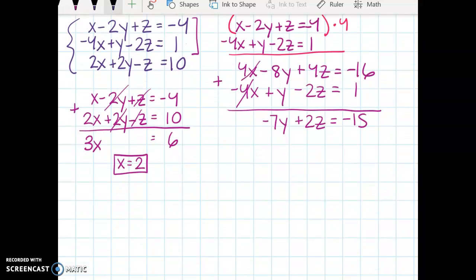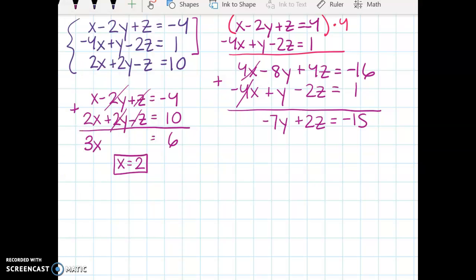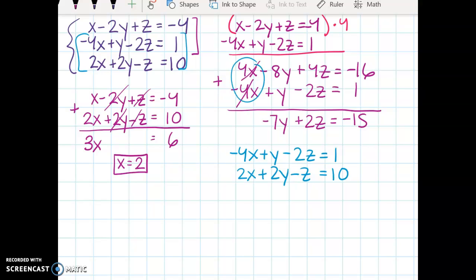Now let's take the bottom two. Negative 4x plus y minus 2z equals 1, and 2x plus 2y minus z equals 10. Nothing matches as is, and we need to cancel out x's because that's what we did above. So in order to make those coefficients match, I'm going to multiply the bottom equation by 2.